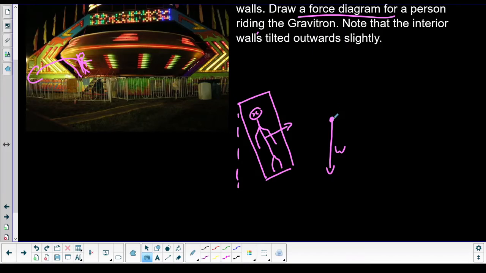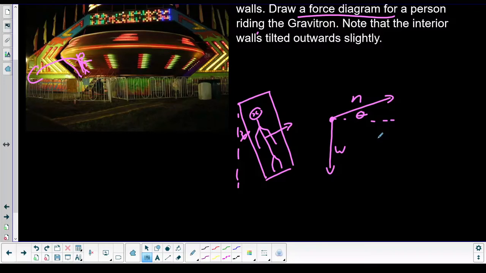Let's draw this perpendicular. If we say that this is a 30-degree angle, this will be about 30 degrees like that. It might not be, so we could be a little more general and just call it theta.